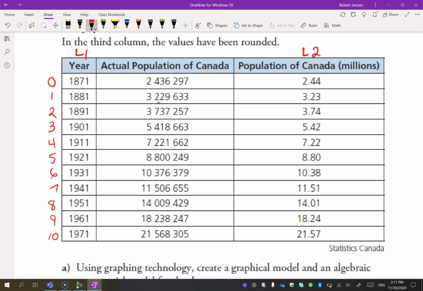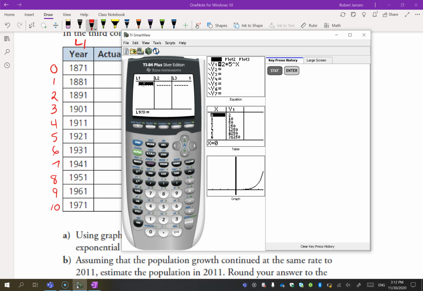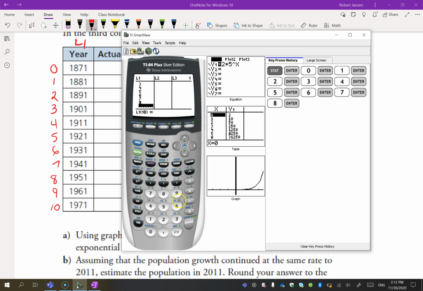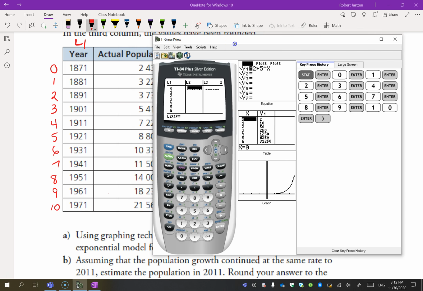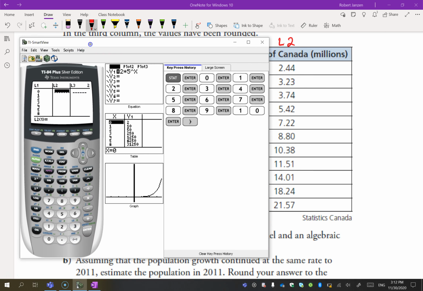So let's enter 0, 1, and just keep putting all of these in up to 10. Once I have those in, I'll go over here and put in 2.44, 3.23, and so on. Just put all of these in.